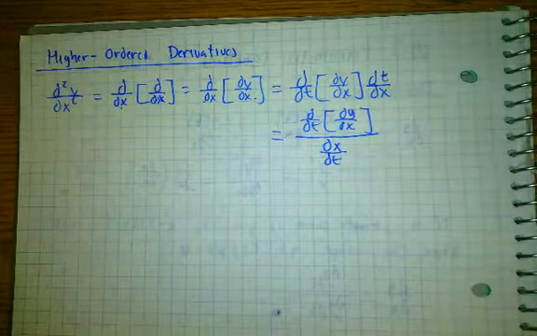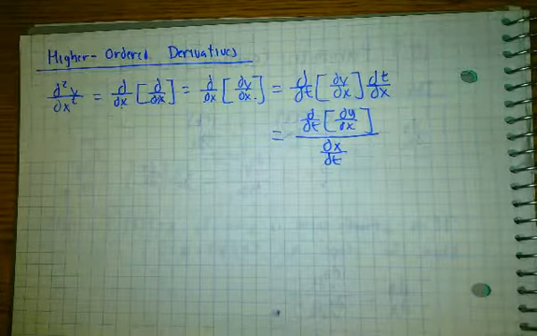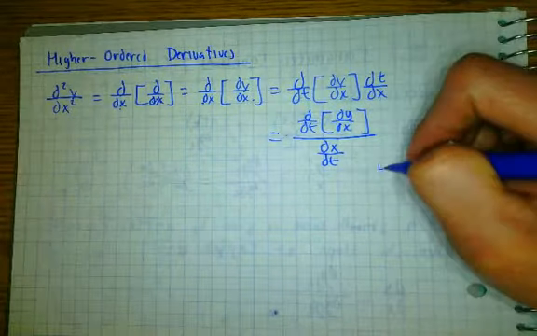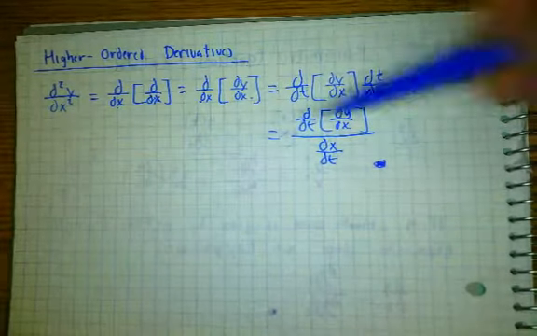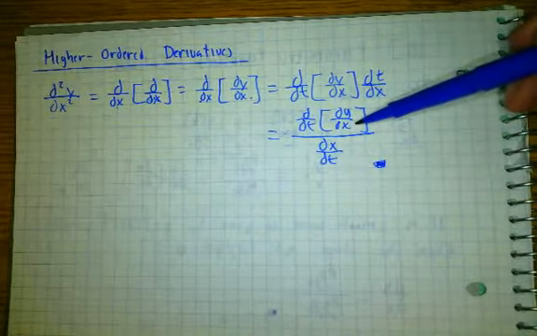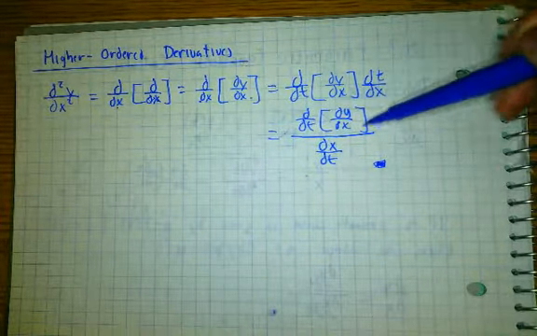So let me summarize what this means. This is the official formula, by the way, that you're going to have to use to find the second derivative. You found the first derivative, and now you want to take the second derivative. To do so, you're going to take the derivative of your derivative.